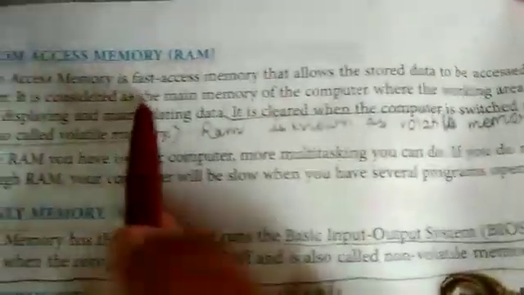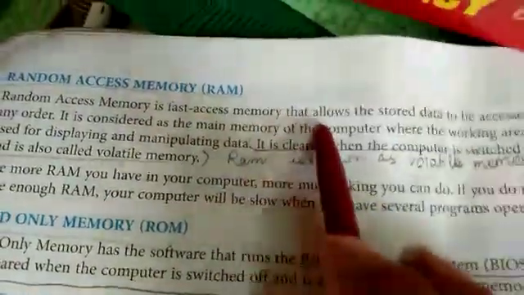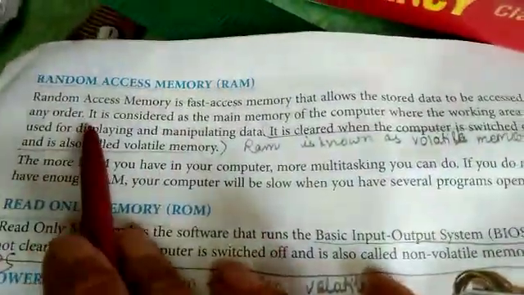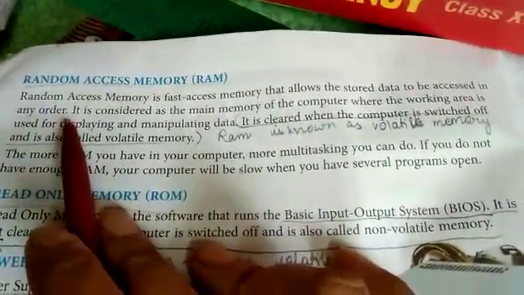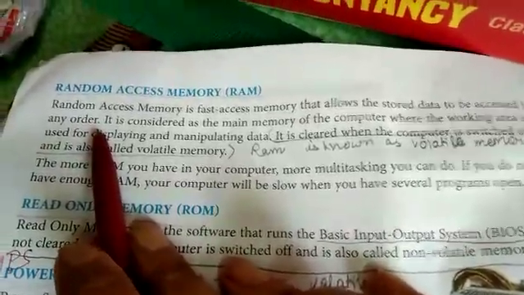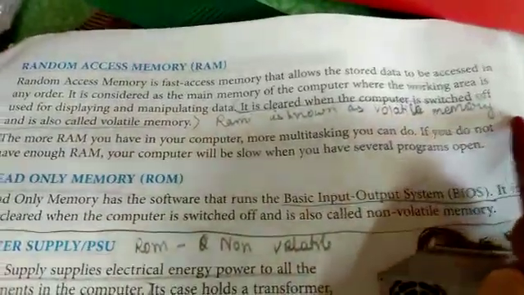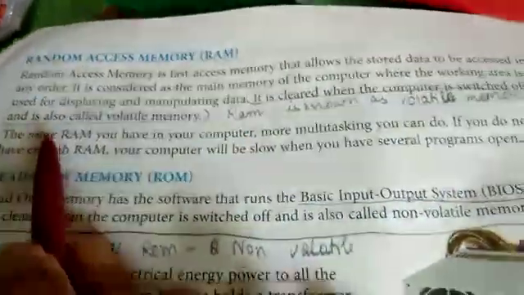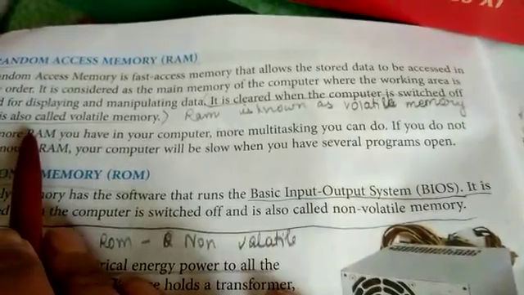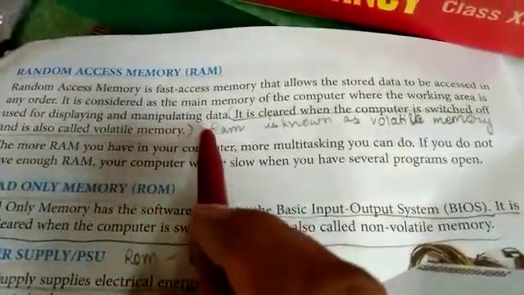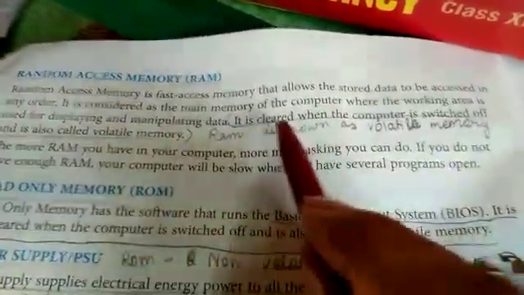Then RAM is there. Random access memory is a fast access memory that allows the stored data to be accessed in any order. It is cleared when the computer is switched off, we lose the data.